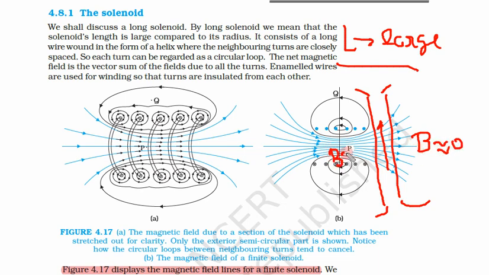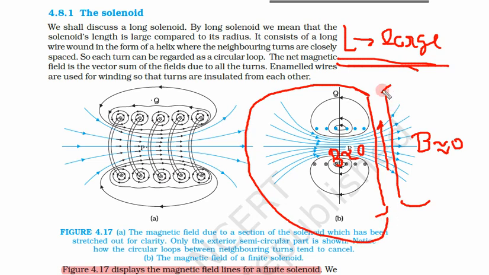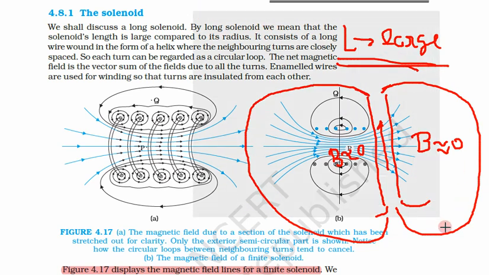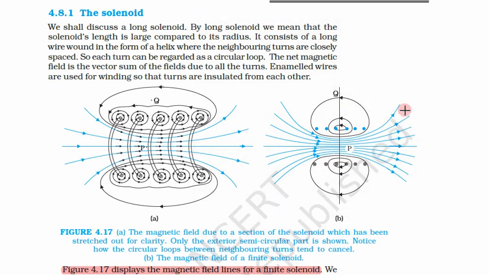Outside the solenoid, B is nearly equal to 0, but this is true only when L is large. For a large solenoid, the field outside is so weak that we can consider it to be 0, but inside there is a field. That's why we took a very long solenoid.